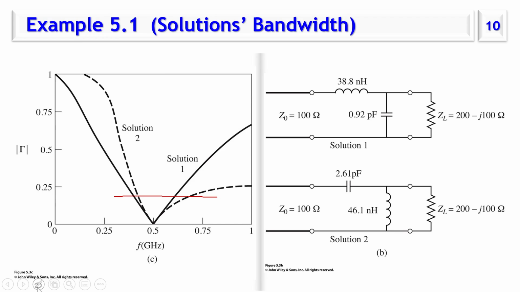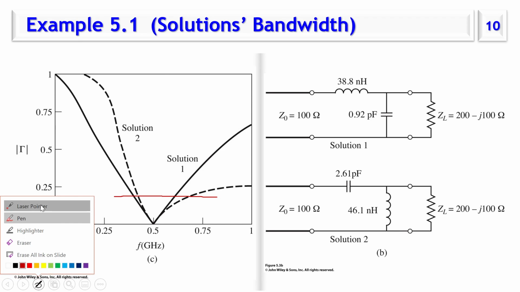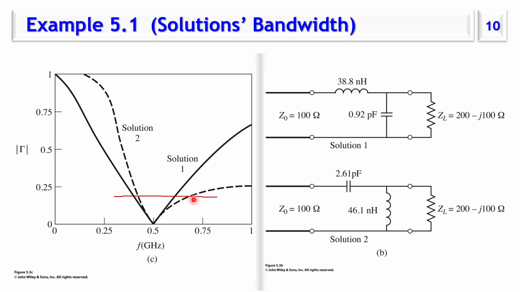So for solution number 2, this is the bandwidth. For solution number 1, this is the bandwidth. So this is how we define the bandwidth. It depends on our definition, so we must give more information, for example, the bandwidth for reflection coefficient less than or equal to 0.2.